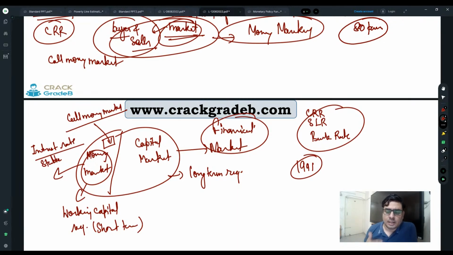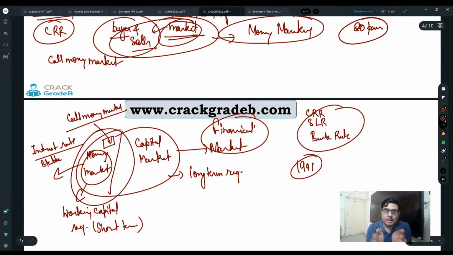Like the instrument of repo, the market stabilization scheme, the liquidity adjustment facility. All these instruments, starting from CRR and other things, were started in the last decade of the 20th century. You know why? The main objective was to stabilize the money market, right?